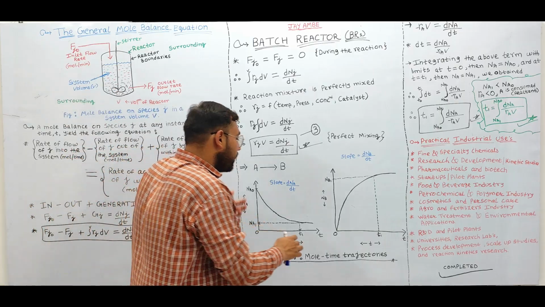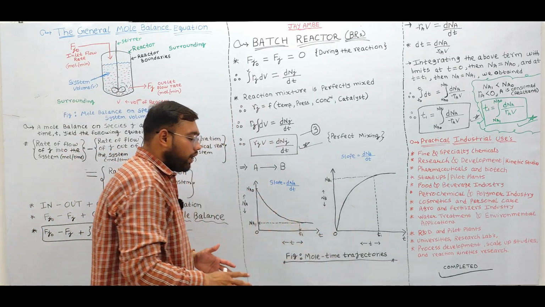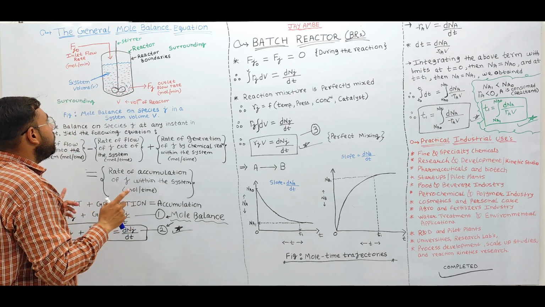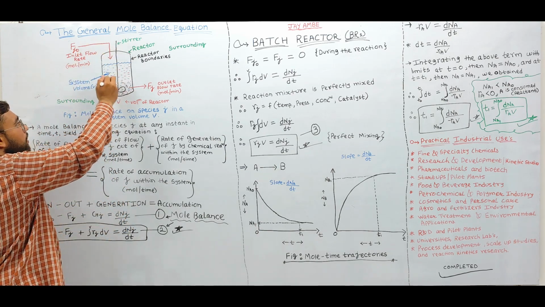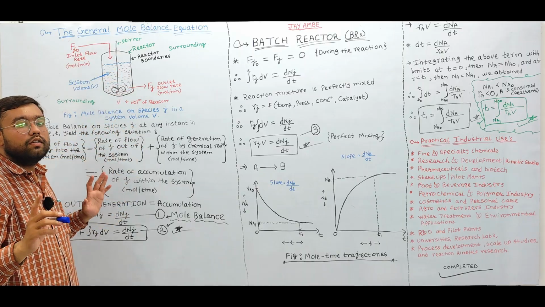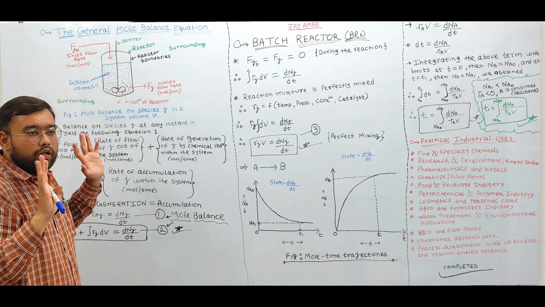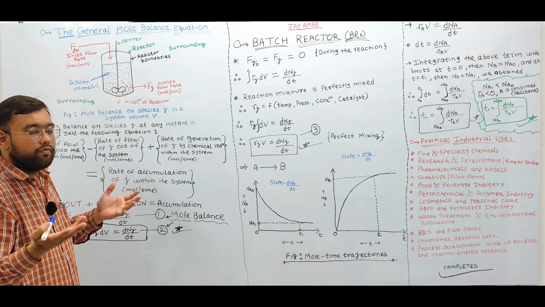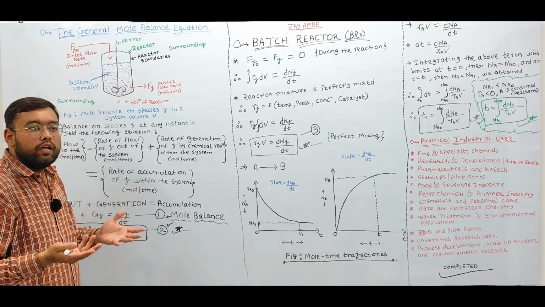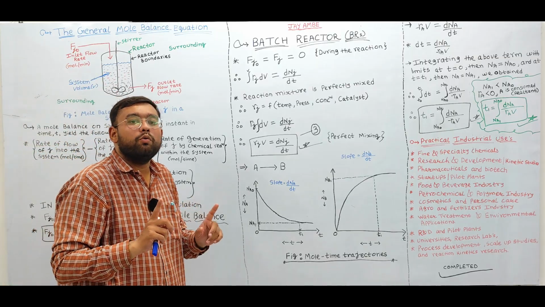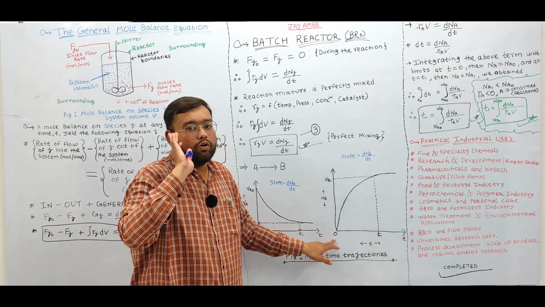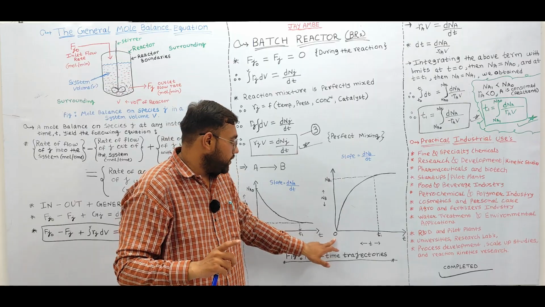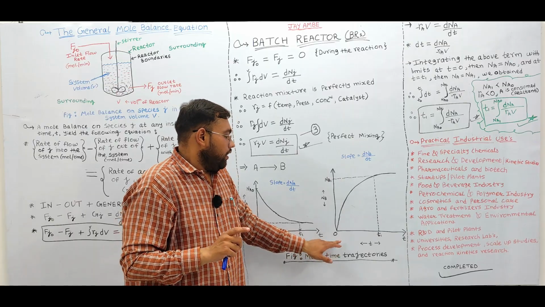Let's say at time t is equal to 0, when we are feeding the reactant into the reaction environment, we have no reaction, so the reaction has not proceeded, which means we have no product. Due to this, NB is 0, no product is formed.